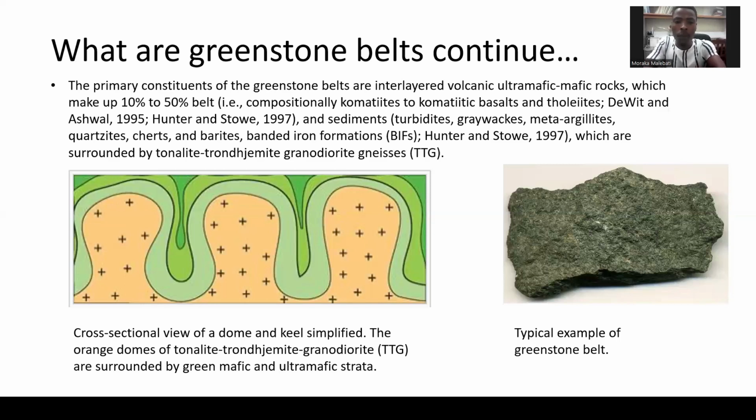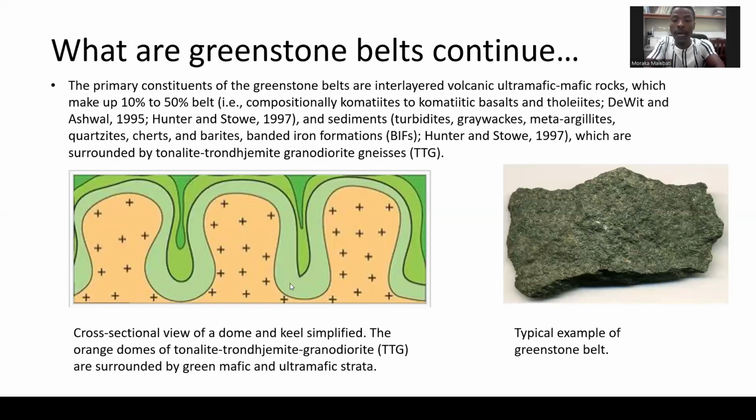All right, so now these orange domes are known as TTGs, wherein the first T stands for tonalite, trondhjemite, and granodiorite, and are surrounded by green mafic and ultramafic rocks.